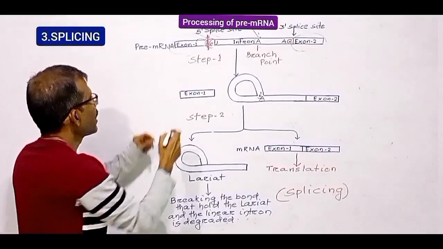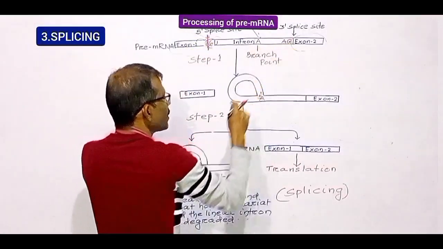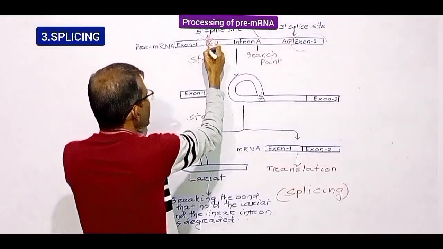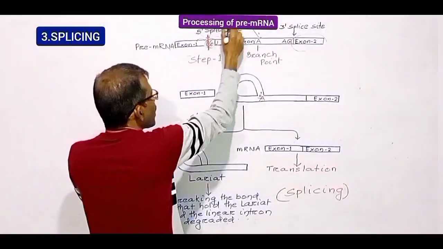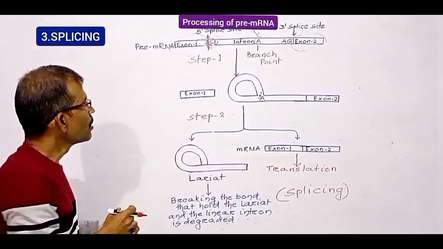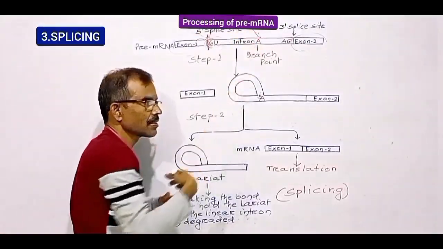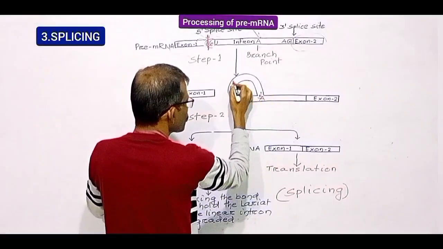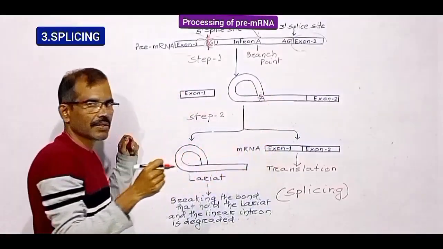This frees exon 1 from the intron, and the 5' end of the intron is attached to the branch point, as a result of which it folds upon itself, resulting in the formation of a structure called a lariat.